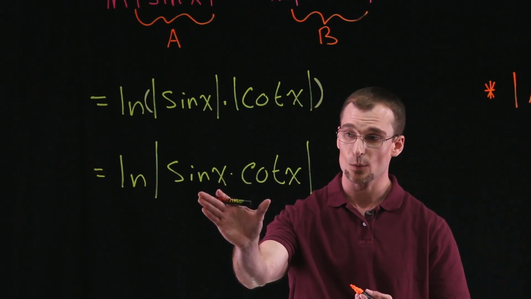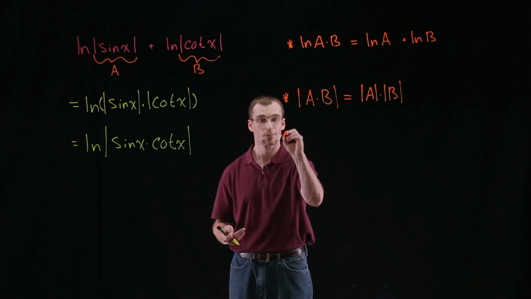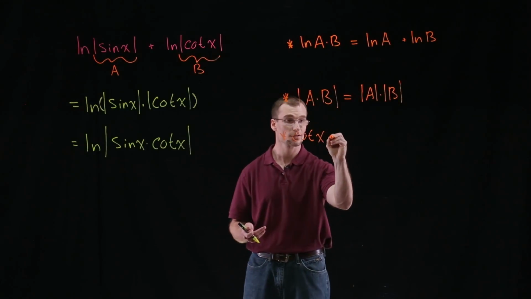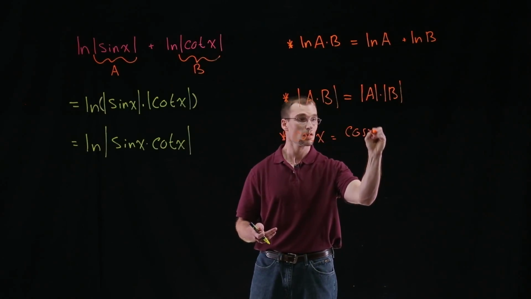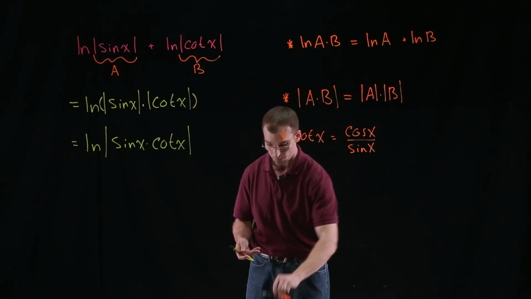one of the things that you can work with is just breaking things down basically into sines and cosines. Cotangent x is equal to cosine x divided by sine x.